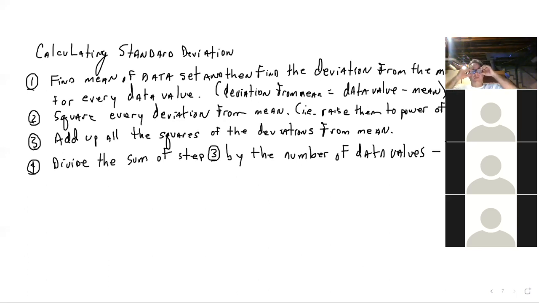That is, add up how many ever data values you have and take away 1 from that. So in our big bank, best bank scenario, there were 11 data values. So you'd be dividing by 10.